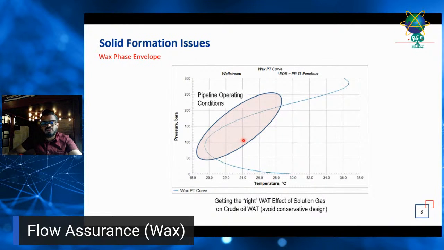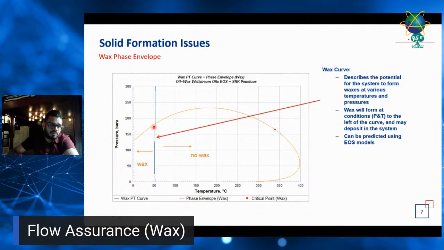And if you notice, this is your bubble point line, and this is your dew point line. If you were to operate below the bubble point, you have two phases here, a mixture of gas and liquid.